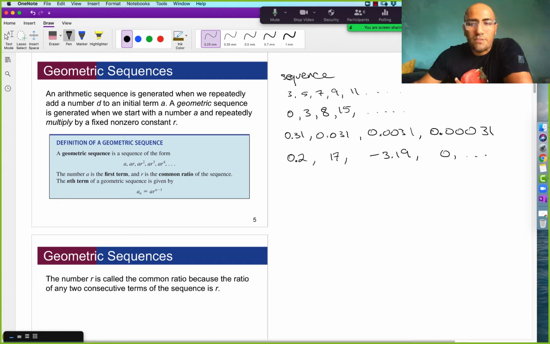There might not even be a particular pattern, and that's still a sequence. It's just a list of numbers where the order matters. This is the first number, the second number, the third number, the fourth number. But if there is no pattern whatsoever, there's nothing really interesting we could do with it. It's just a list of numbers.